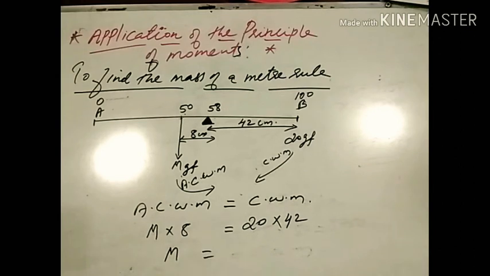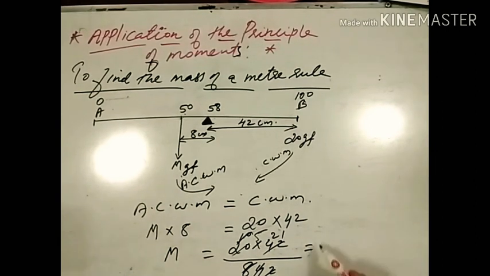M is equal to the unknown weight, 20 into 42 divided by 8. Just cancel it and solve it. 10, 4, right? 5, 2. How much? 21 5s are 105 gram. The mass of the meter rule.